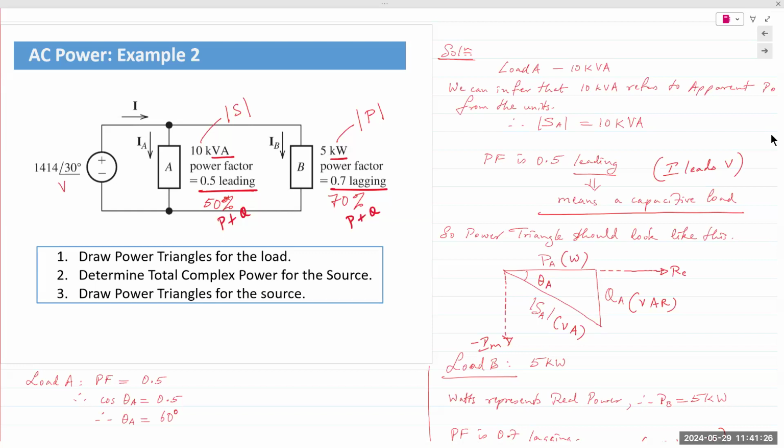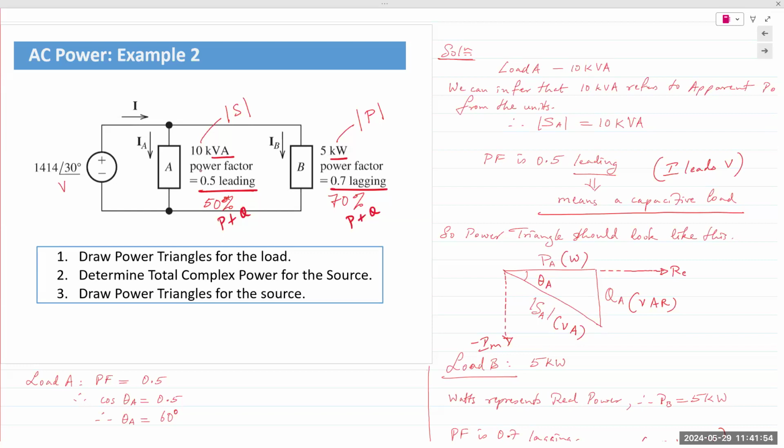Now, power triangles have four quantities: the real or average power P, reactive power Q, the third side of the triangle, magnitude of S, and the power angle theta. To find any of the others, you need at least two of those quantities. Make sense? You need at least two quantities to find the third and the fourth.